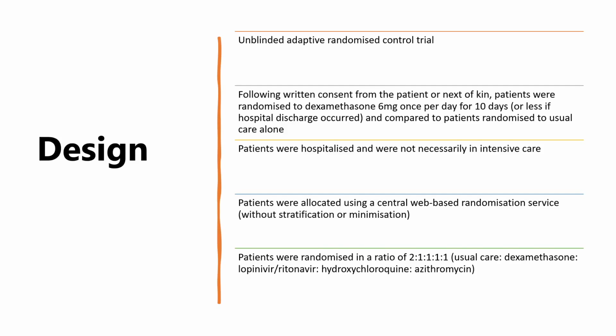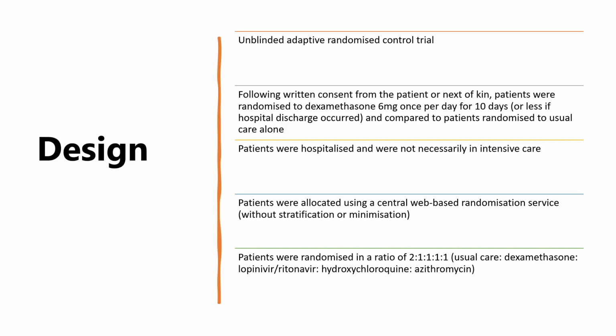The design was an unblinded, adaptive, randomized controlled trial. Following written consent from the patient or next of kin, patients were randomized to dexamethasone 6 mg once per day for 10 days, and compared to the patients randomized to usual care alone.